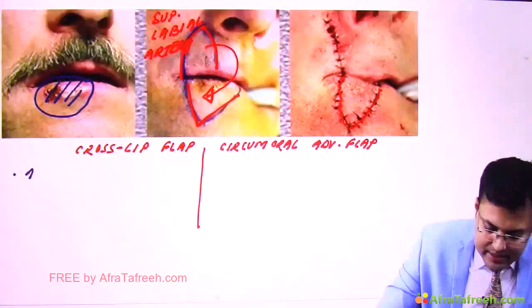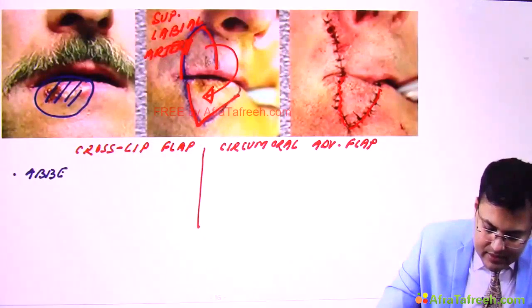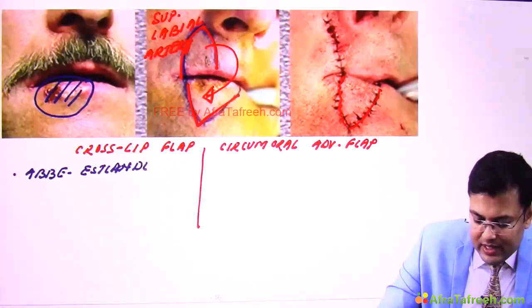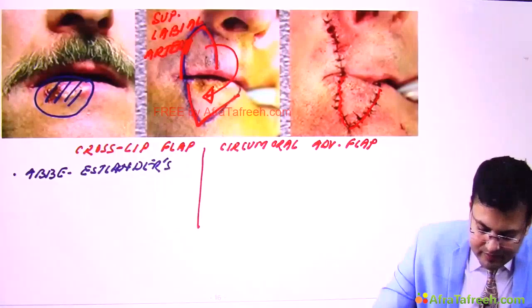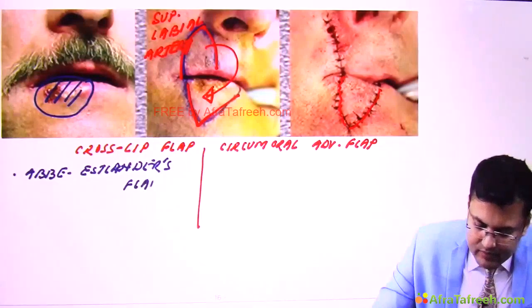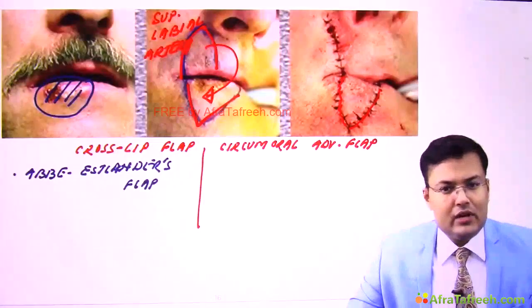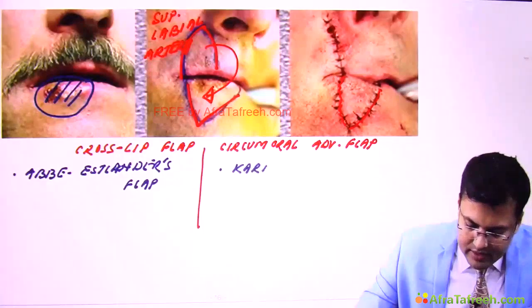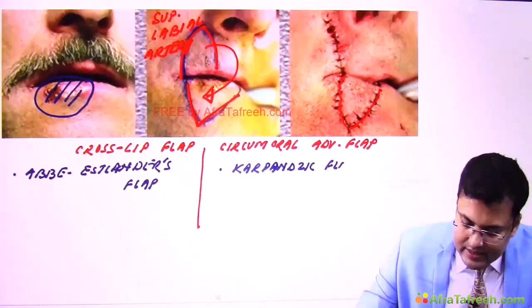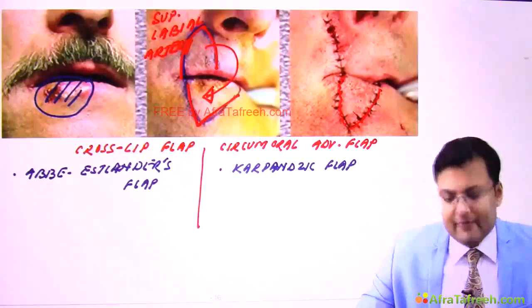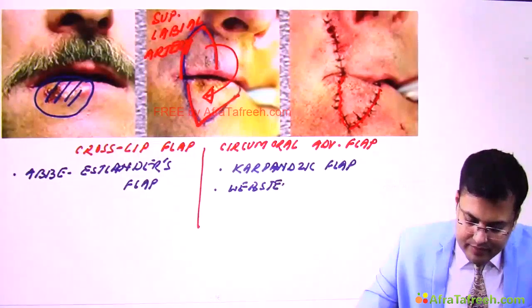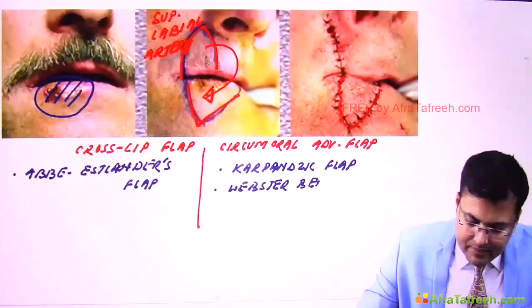Here it is Abbe-Estlander flap, and we discussed it is based on the superior labial artery. The circumoral advancement flaps are, first, Karapandzic flap, and the second is Webster-Bernard flap.